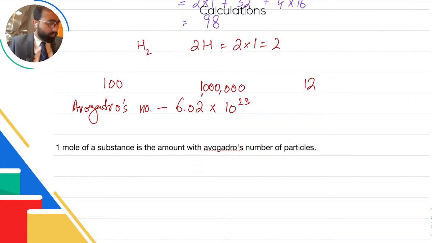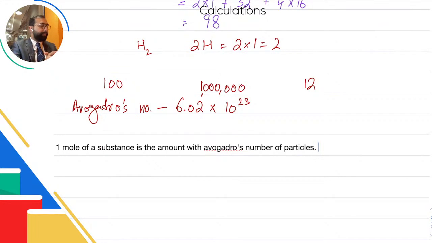So basically, what's a mole? You take 6.02 into 10 power 23 particles, and that's 1 mole. Just like you take a dozen of anything, and that's 12, right? I did not have to tell you that it's 12. I just said it's a dozen calculators, and so you know it's 12. It's a dozen AirPods, that's 12 AirPods, right?